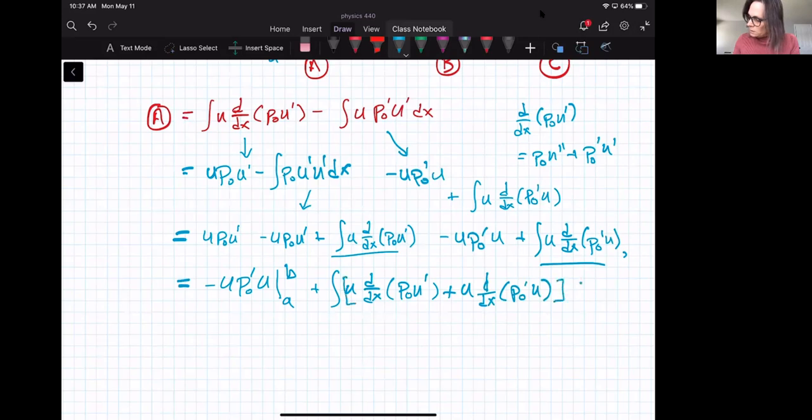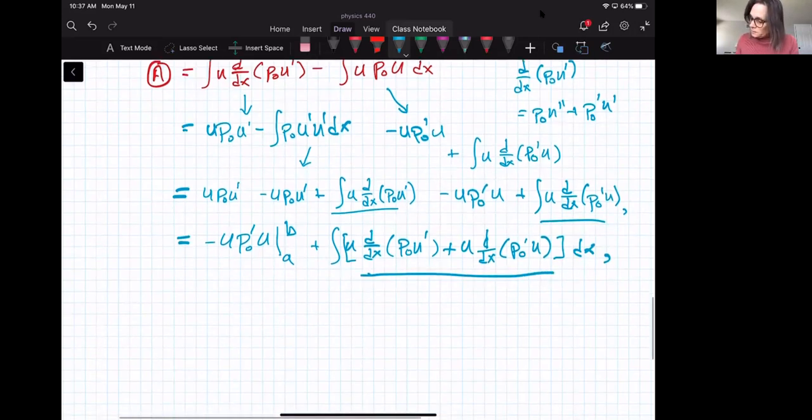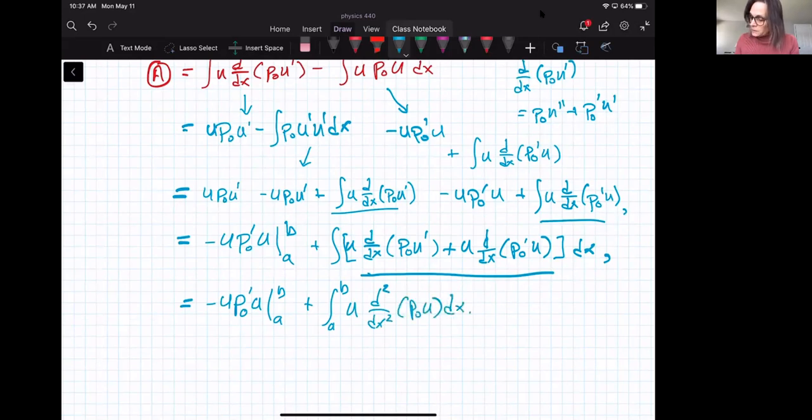This is all dx. But we can combine all of this so that this becomes minus u p naught prime u evaluated from a to b plus the integral from a to b of u d squared/dx squared of p naught u dx. Yes, that's exactly what I wanted.